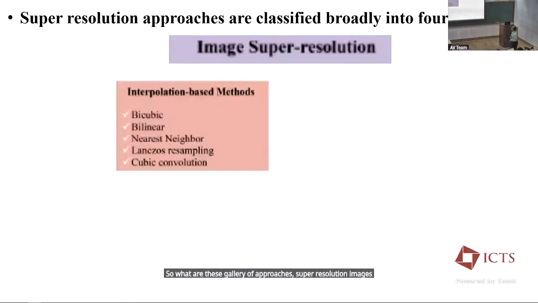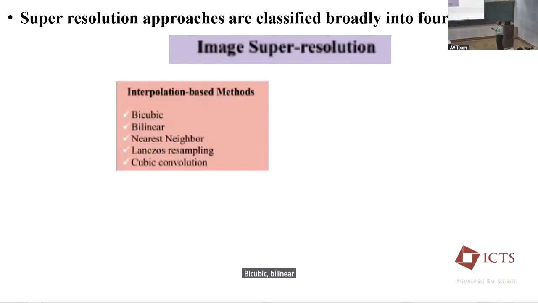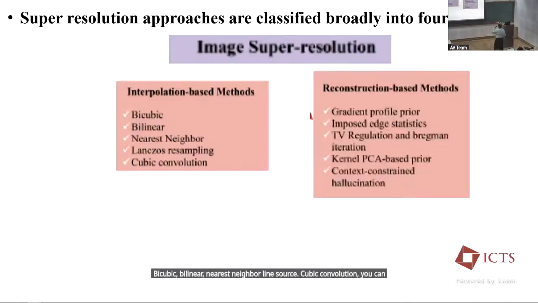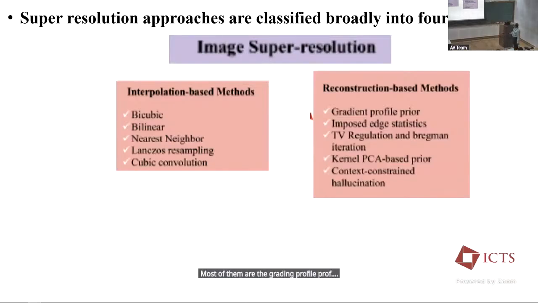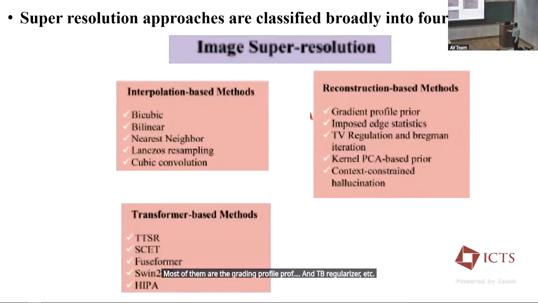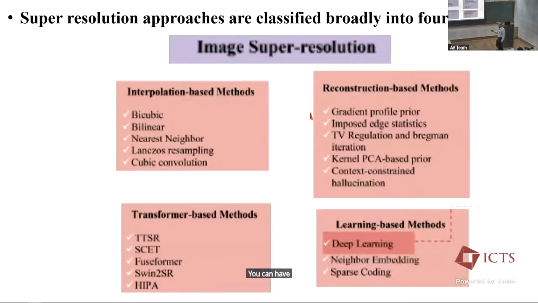You can have interpolation based methods, which we learned from school days, probably college days: bicubic, bilinear, nearest neighbor, Lanczos, and cubic convolution. You can have reconstruction based methods, a host of them, such as gradient profile and TV regularizer, etc. You can have transform based methods. You can have learning based methods, which are recently being talked about, and lots of them.